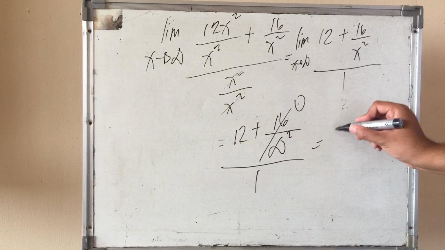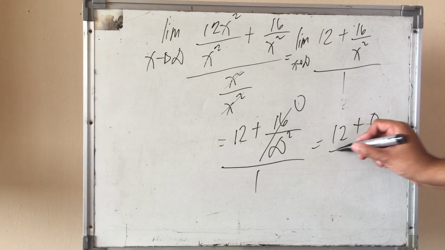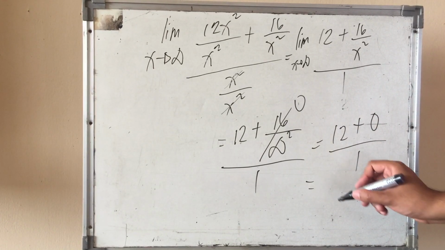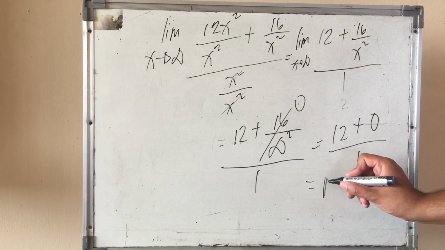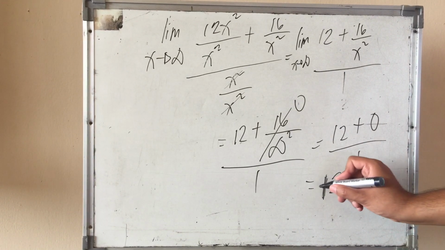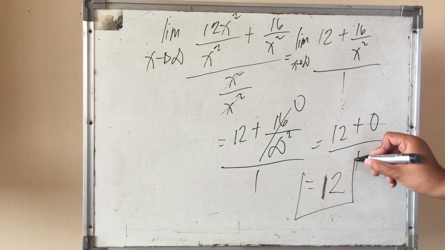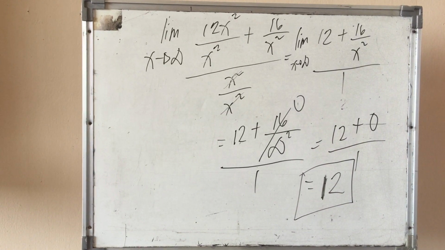So we now have 12 plus 0 over 1, which is equal to 12 divided by 1, which is 12. So the answer for example number 4, the limit of ((x + 2)³ - (x - 2)³)/x² as x approaches infinity, is equal to 12.